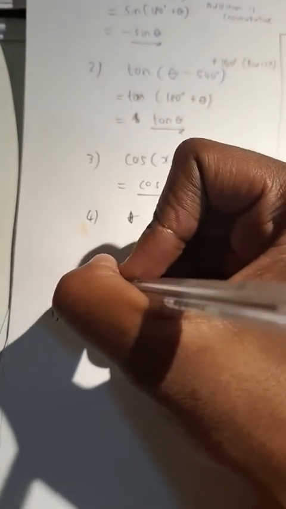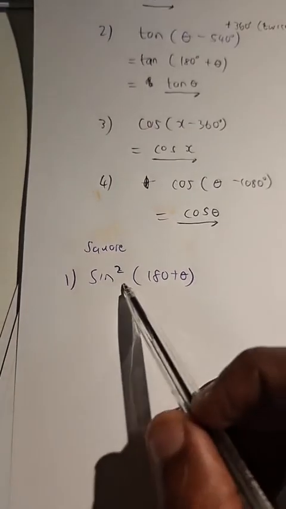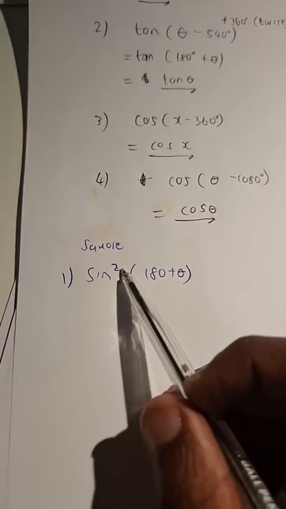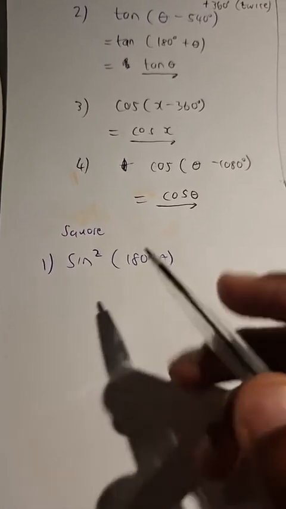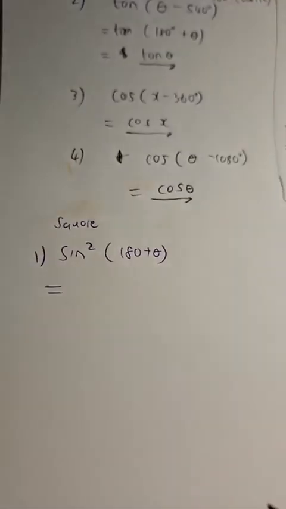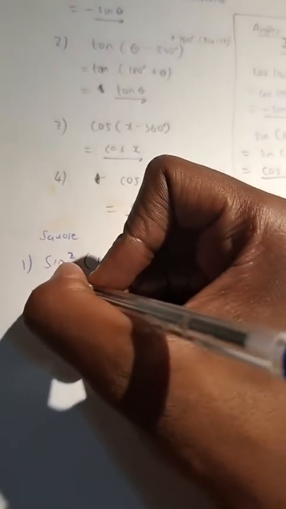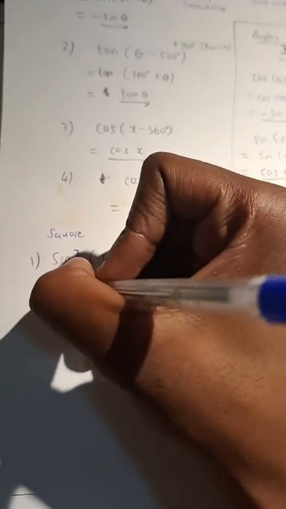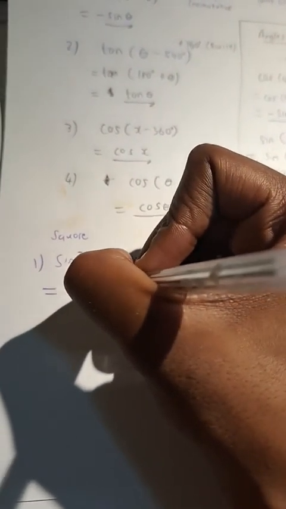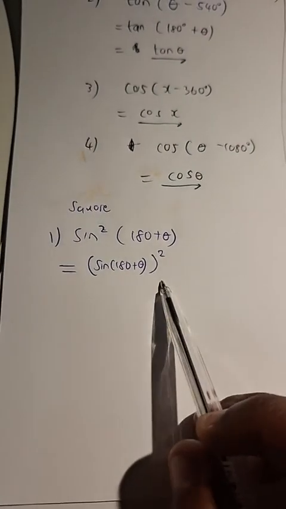So let's look at these ones, kind of like your square ratios, or sometimes you could say exponential in nature. So let's look at sine squared of 180 plus theta. First and foremost, what I need all of us to understand is when we have an exponent, we need to first take the exponent out and then write the trig function value that was given inside.